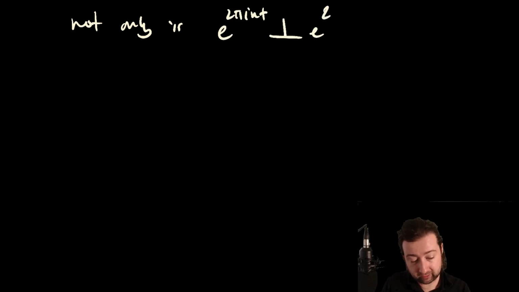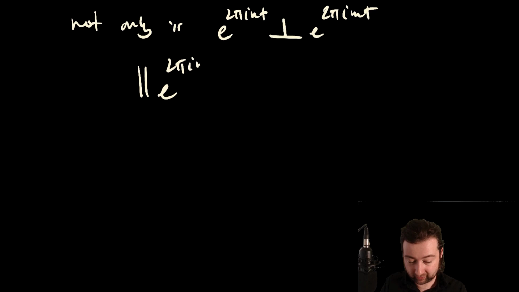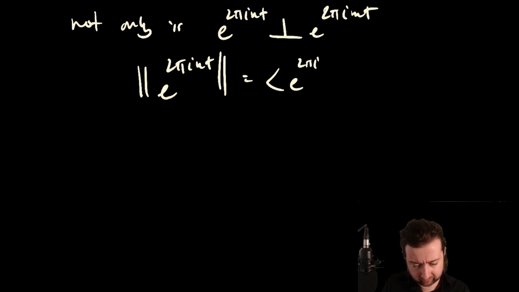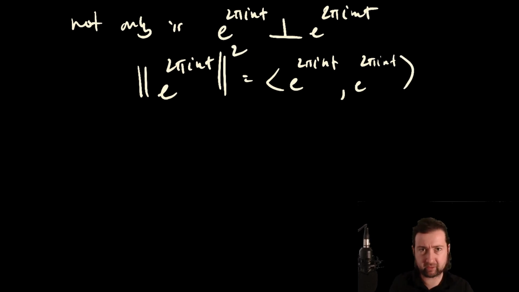So not only is e to the 2 pi i n t perpendicular to e to the 2 pi i m t, but furthermore, the length of e to the 2 pi i n t, which remember is just the inner product of a function with itself, and we can put a square here so we don't have to deal with square roots.